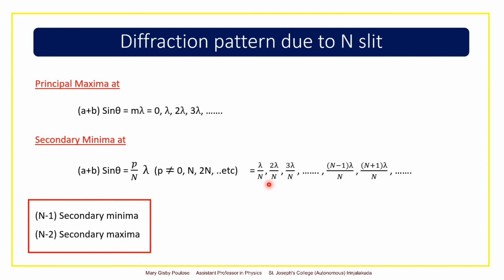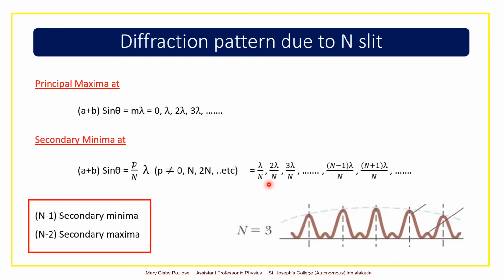And if there are N minus 1 secondary minimas, we will be having N minus 2 secondary maximas. We can see that in the figure. Here when N is equal to 3, these points are the principal maxima points, right?